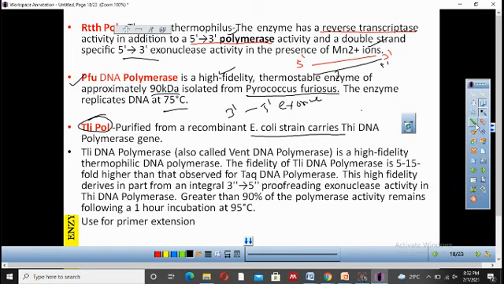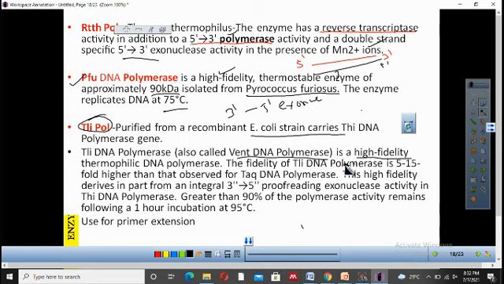When we talk about the recombinant thermostable DNA polymerase enzyme, then it will be the Tli Pol. This is called the Vent DNA polymerase, and it also has high fidelity.